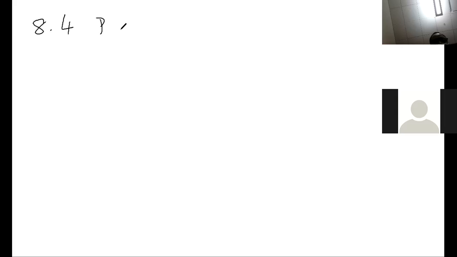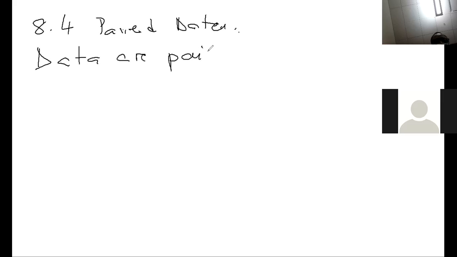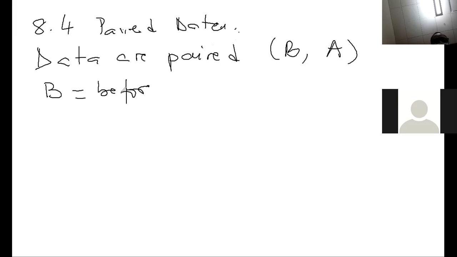8.4 Paired data. So data are paired as B, A: B for before, and A for after.